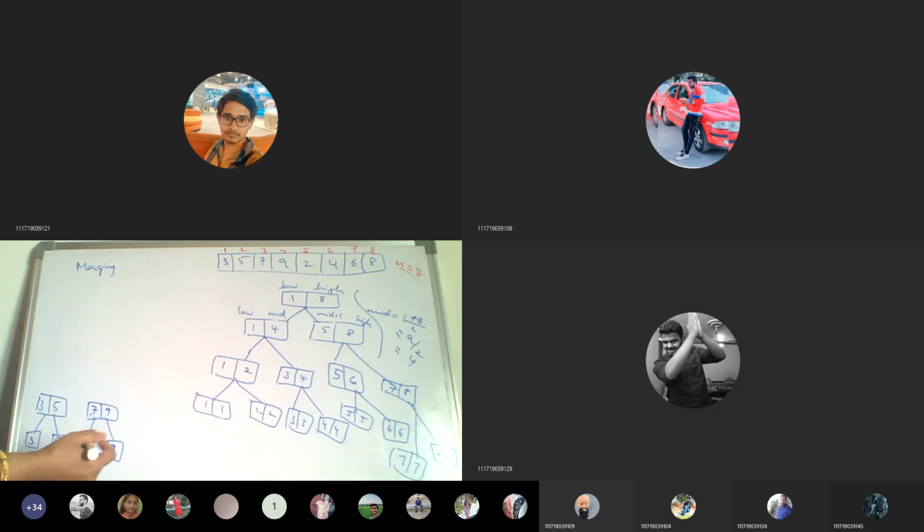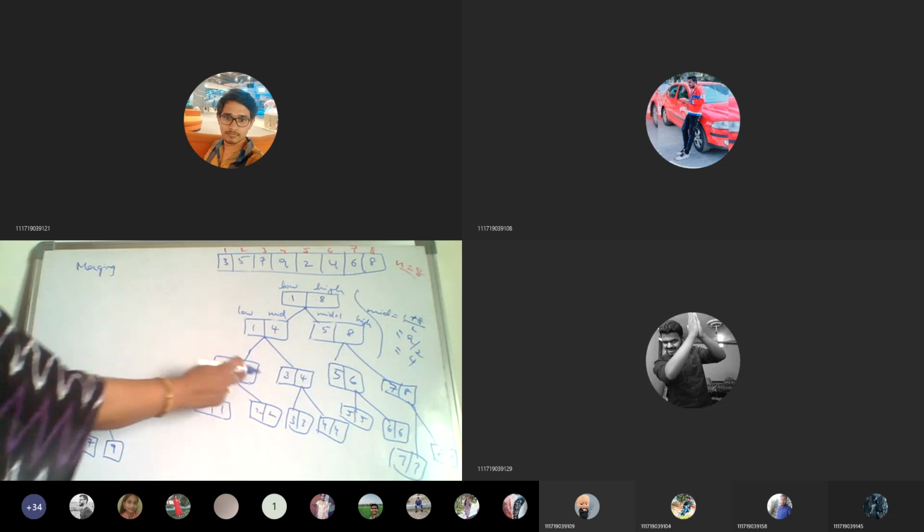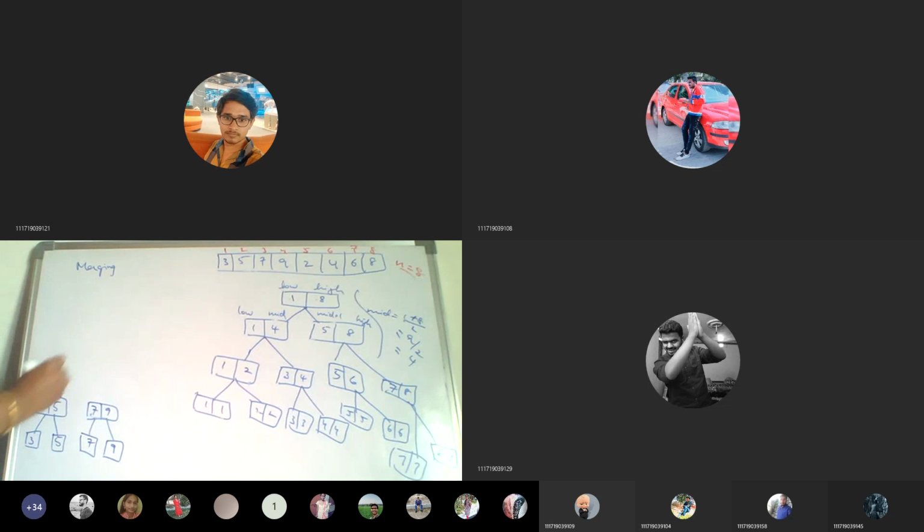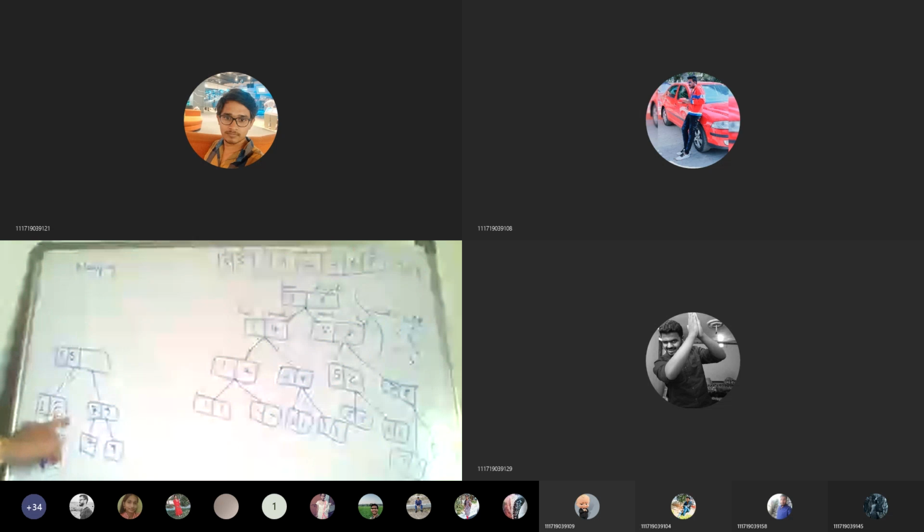After that, these two have to be merged again. What will happen here? It will compare 3 with 7. 3 is smaller, so the pointer moves here. 5 and 7 are compared, and 5 is smaller. The pointer reaches out of bounds, so now the J pointer is here only.